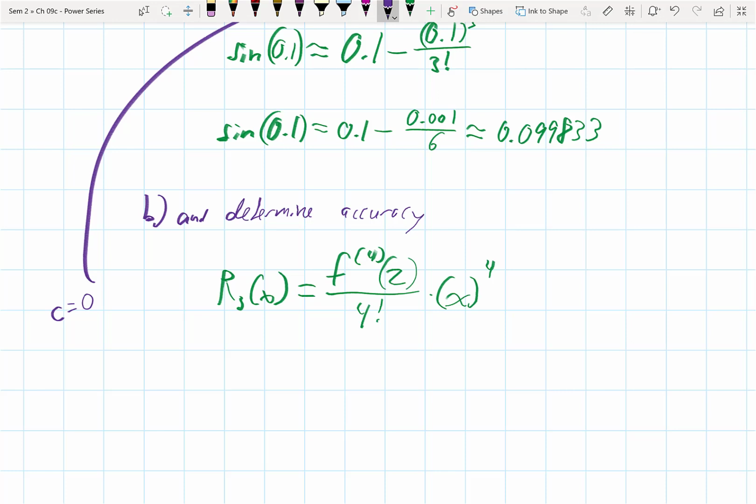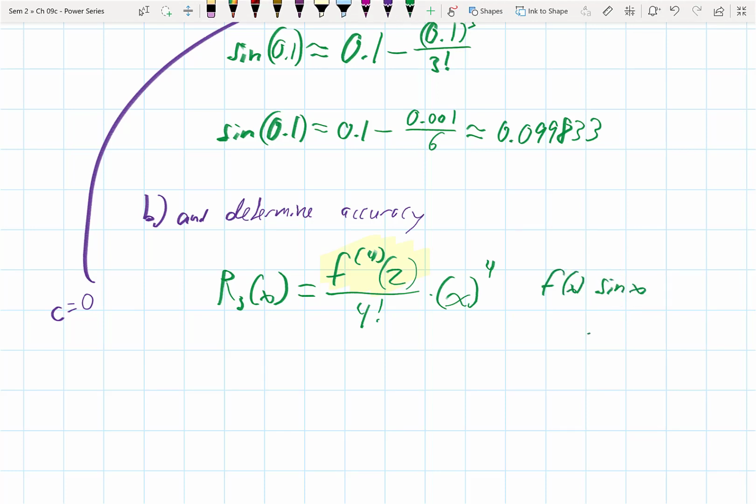Okay, so what does this mean right here? The 4th derivative of f at z. Well, let's go off to the right side and talk about the sine of x. If f is the sine of x, this isn't going to be as bad as you think it is.